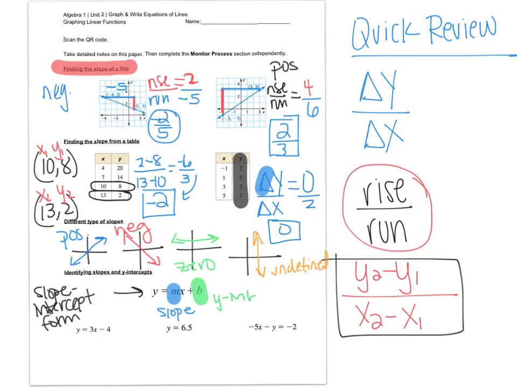I want you to take note that the y-intercept is always written as a coordinate point, (0, whatever y is). The reason why is because no matter what, your y-intercept's x value will always be 0, because that is where it intersects the y-axis, therefore making it a y-intercept. So with a y-intercept, x is always 0 because that's where your line intersects your y-axis. That's important to note, so if you need to write that down, I would definitely encourage you to do so.